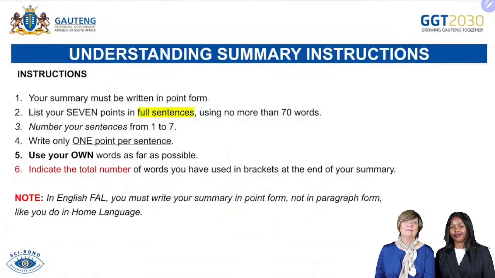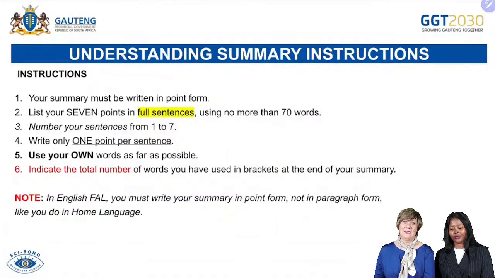And yes, we do count, so make sure you count as well. Number your sentences from 1 to 7. Only 1 fact per sentence is allowed. Remember, we will mark only the first one and we will ignore the second one. So don't waste words. Keep it to 1 fact, 1 sentence.